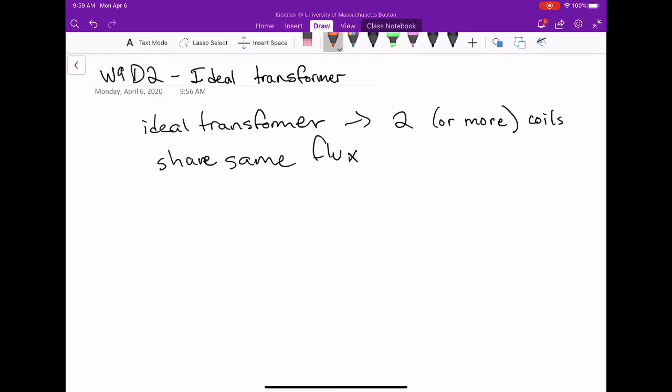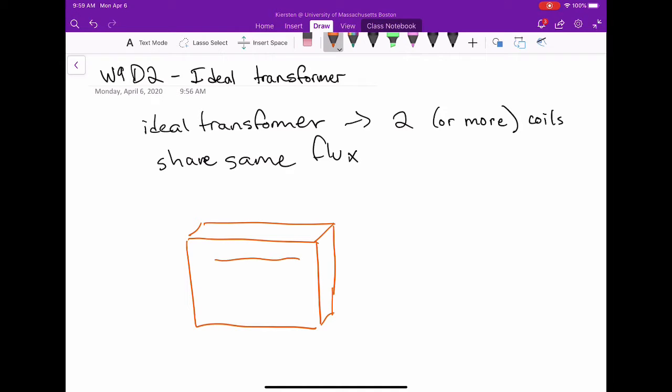The way this works in practice is you have some sort of high permeability, remember that's mu, high mu, ferrite material core that you wind your coils of wire on.